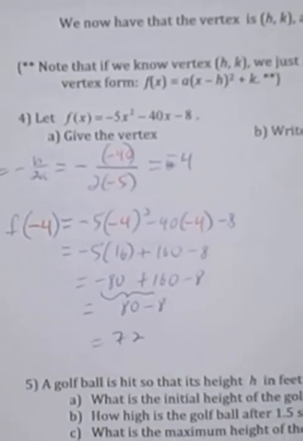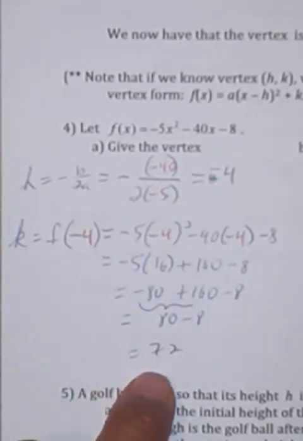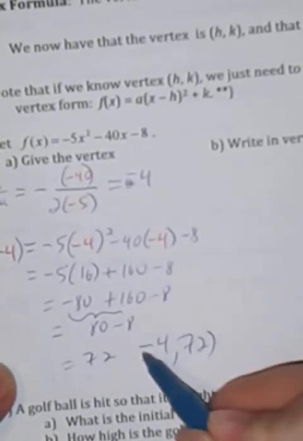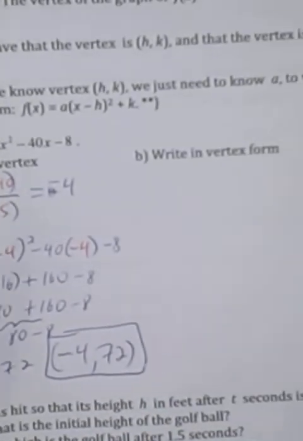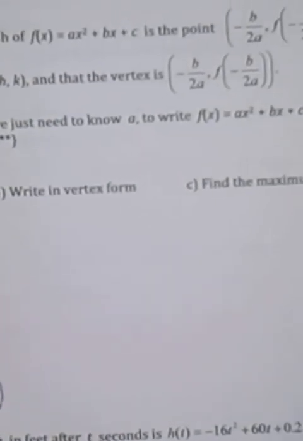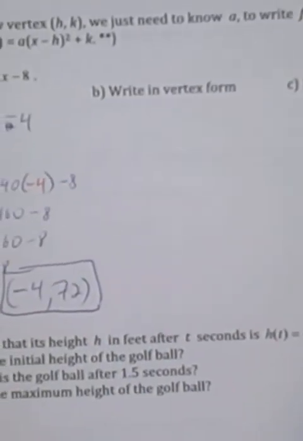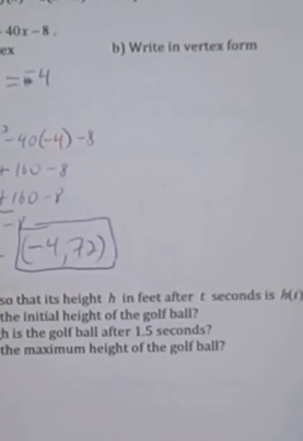So my vertex (h, k) is negative 4, comma, 72. That's the vertex. Way up there, right? Okay. And then find the minimum y. You know what? I'm going to let you guys think about B and C. And again, we'll do those in class. All right. I'm going to pause this first part here, and we'll pick up on the next part, the next video.